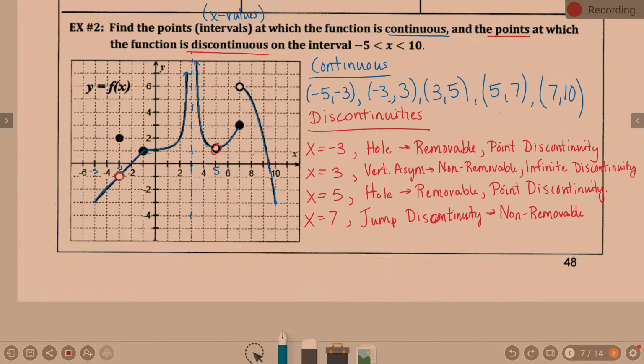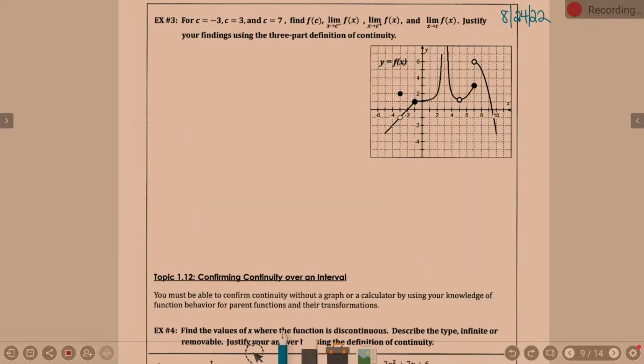Now, on this problem, they actually give us 3 different c values. So we're going to do this problem 3 different times for each of the given c values. The first time through, we're going to do c equals -3. So we're going to talk about, is this graph continuous when x equals -3, based on our definition of continuity.